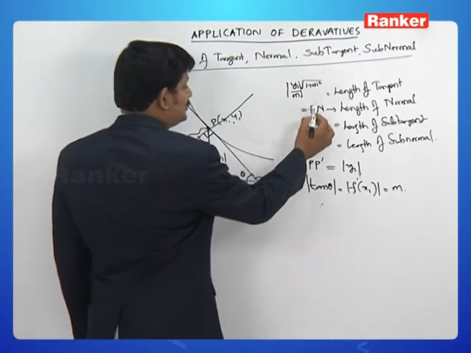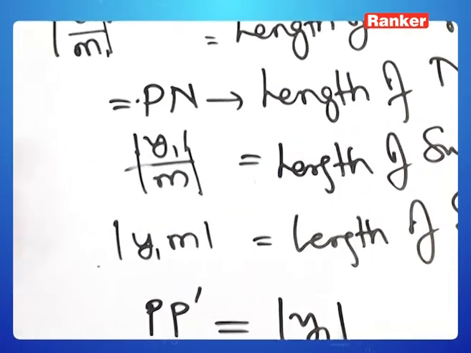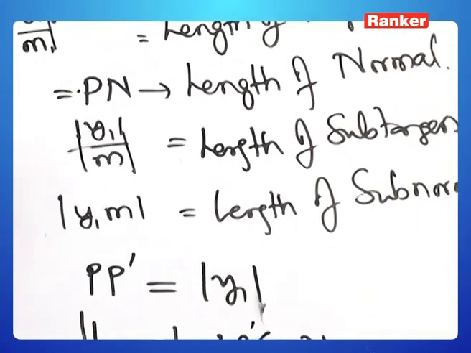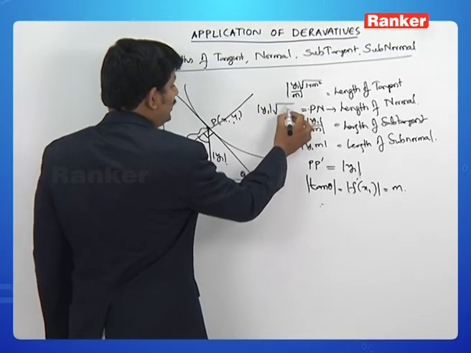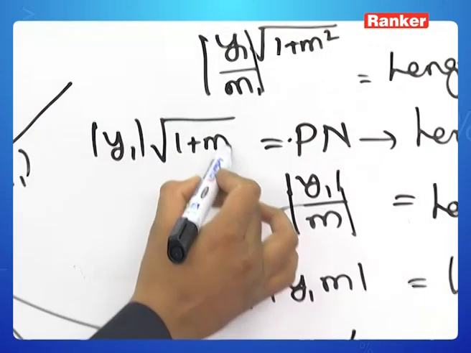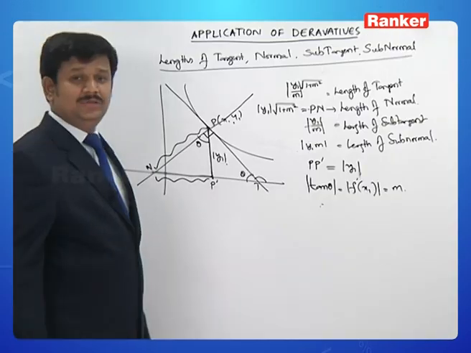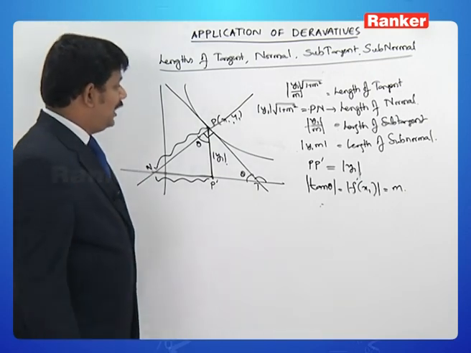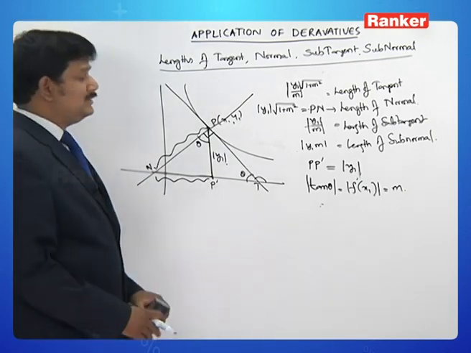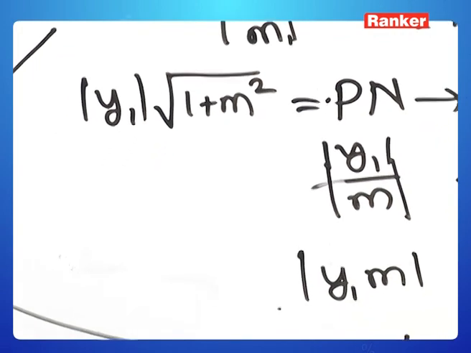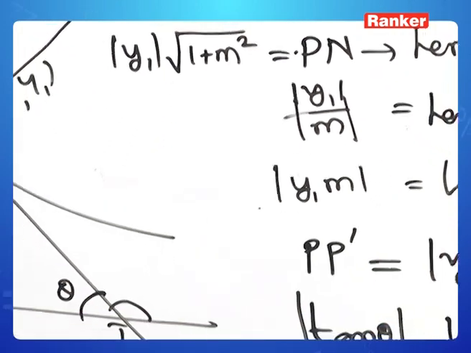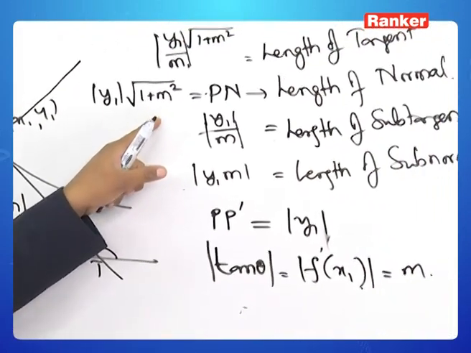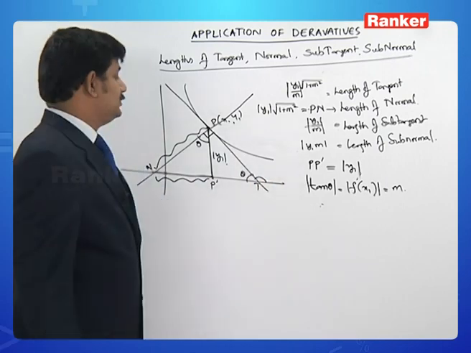So length of the normal is equal to mod y1 divided by cos theta, or multiplied by secant theta, and secant theta is root over 1 plus tan square theta, which is root over 1 plus m square. So PN, length of the normal, is mod y1 into root over 1 plus m square. So now we have all lengths of tangent, normal, subnormal, subtangent in terms of the ordinate at the point and the quantity m, which corresponds to dy by dx at that point.